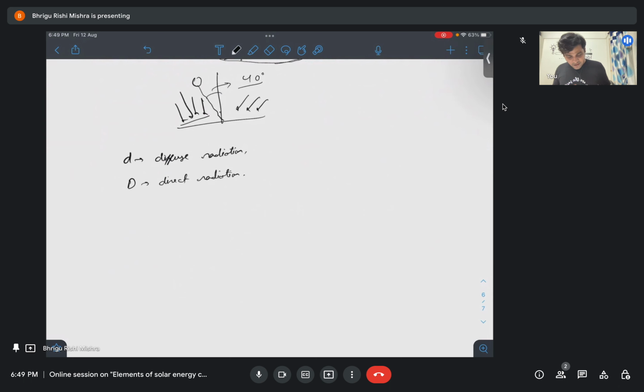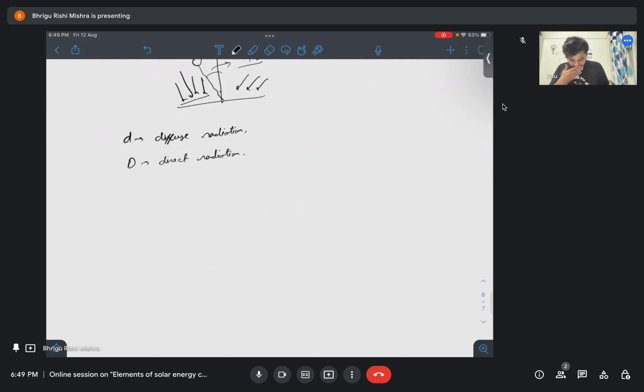So the formula for this is HD bar by H bar, where H bar is the total monthly average global radiation and HD bar is the diffuse portion, equals 1.411 minus 1.696 kT bar.